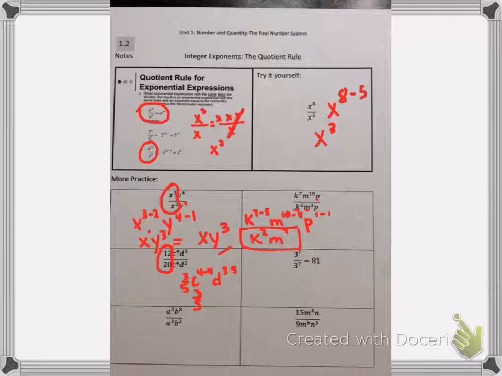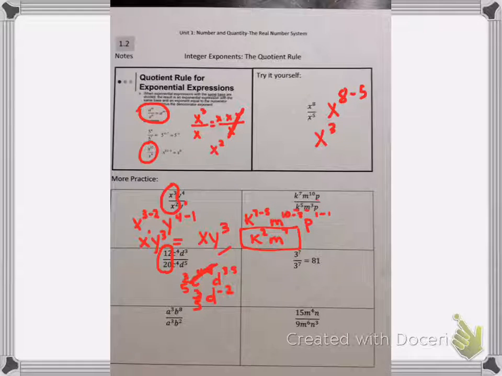The c's cancel to 1, and then you'd have d to the negative 2. Today I haven't shown you what to do with the negative power, so we're just going to leave it in this form right now. When we talk about the negative power rule in a couple of days, then we'll show you what to do with that, because you really can't leave a negative power there, but for today we're just going to leave it that way.